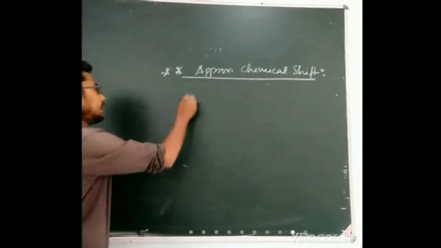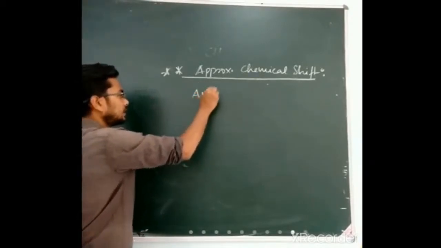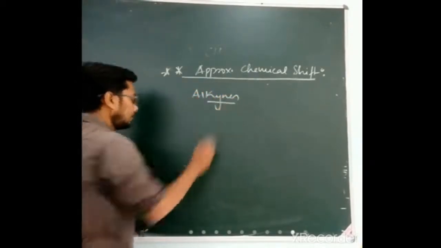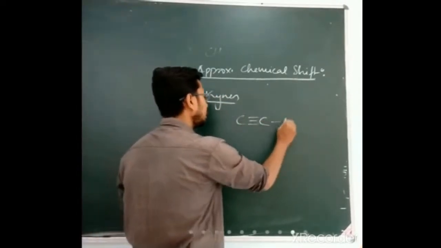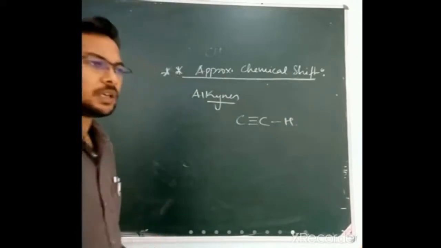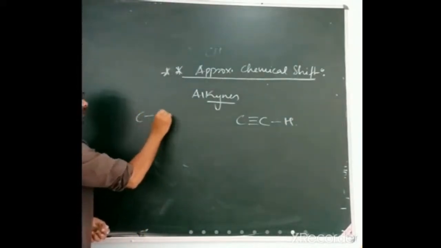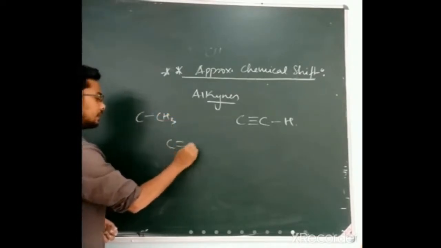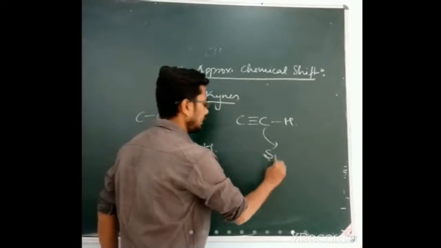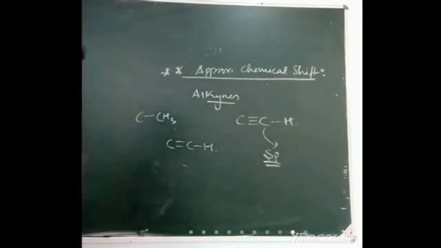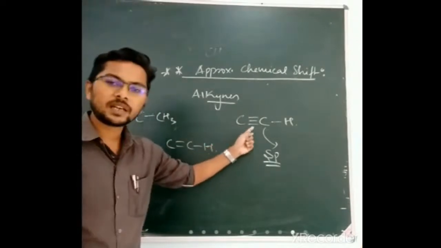Alkynes. So alkane, alkene, now alkynes. What are alkynes? Alkynes means C triple bond C H. Now this carbon is sp hybridized, and there is also this ring current effect.